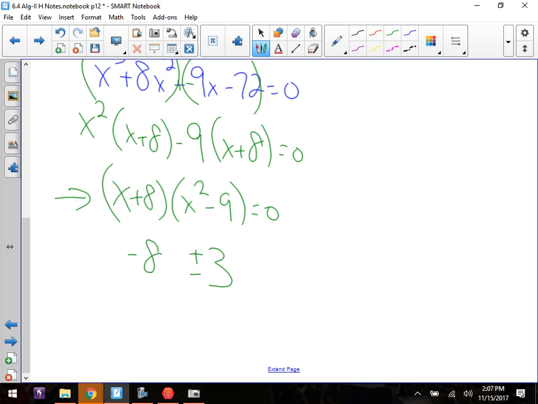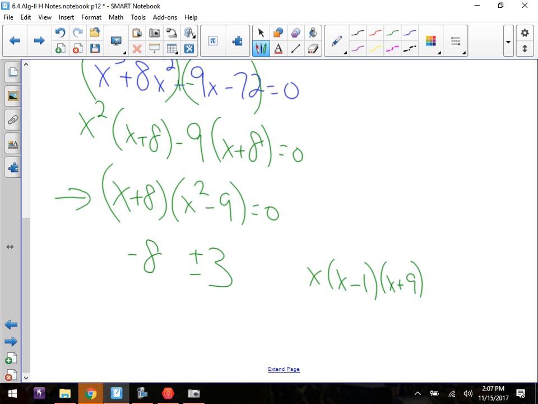Now, think about what the dimensions of the tank were. The dimensions of the tank were x, x minus 1, and x plus 9. Of those values, only one of them works. Positive 3 is the only value that's going to give you something that works.